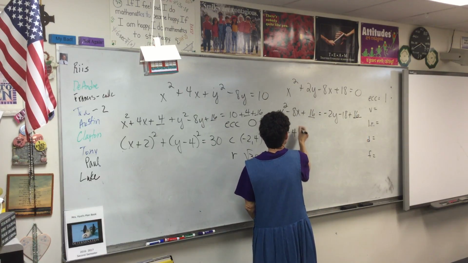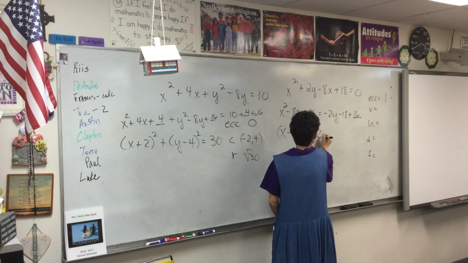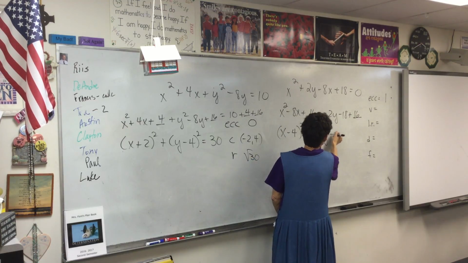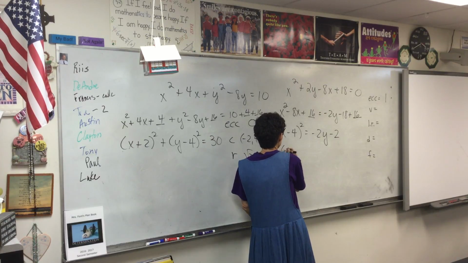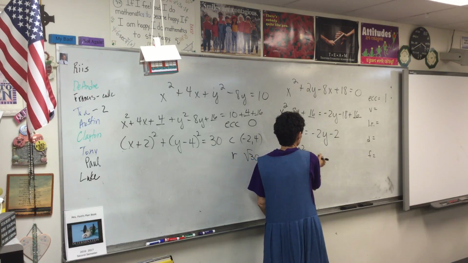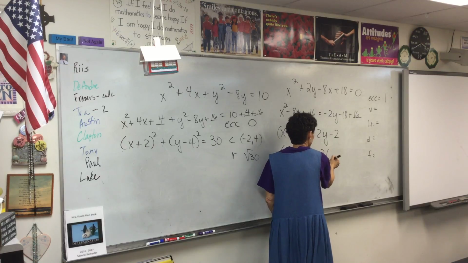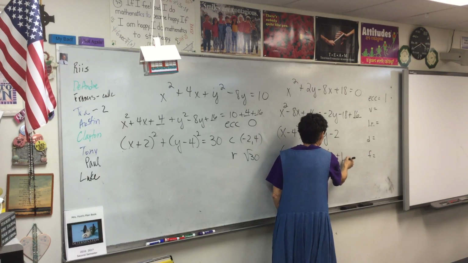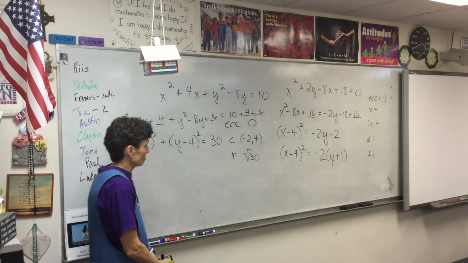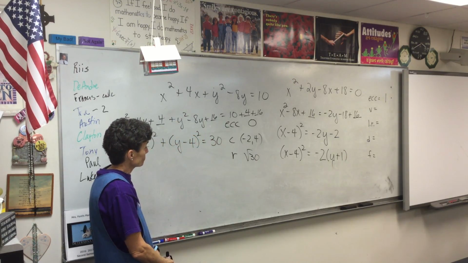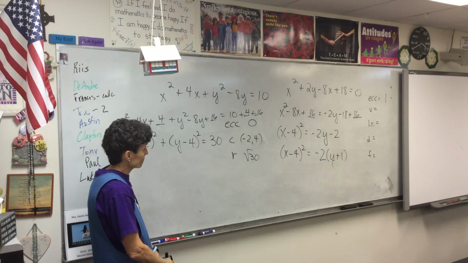So x minus 4 squared equals negative 2y minus 2. So x minus 4 squared equals negative 2y plus 1. Watch it when you factor. Is that okay?